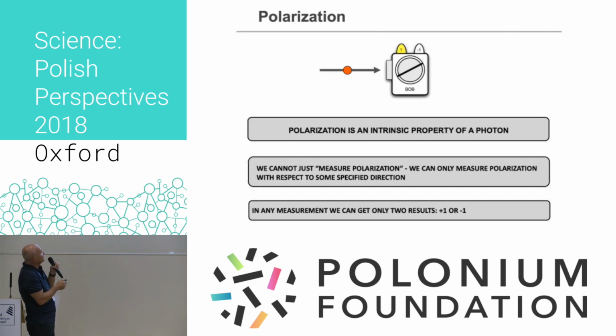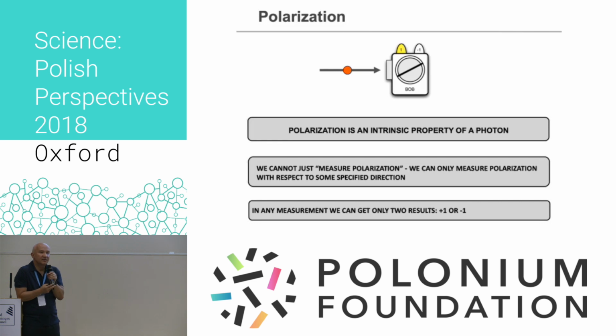Like in this hypothetical device, you put your polarizing filter or whatever along a certain direction, and given that, you can have two outcomes, say +1 and -1 in some units of h bar. So in any measurement we can get those two results.